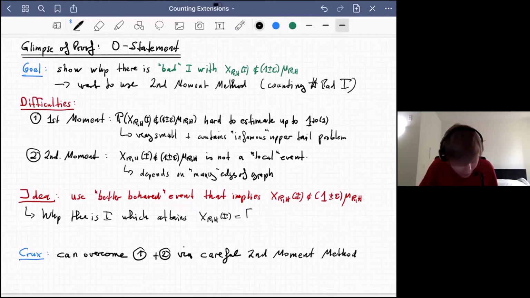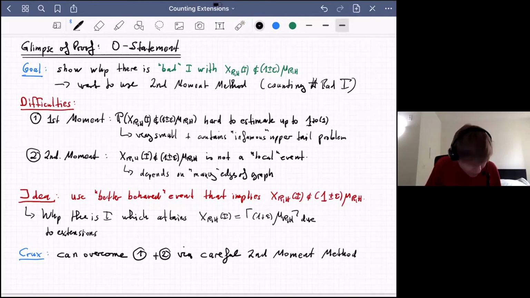So say 1 plus epsilon times the expected number of copies due to extensions, which in this case work, which are vertex disjoint outside i.